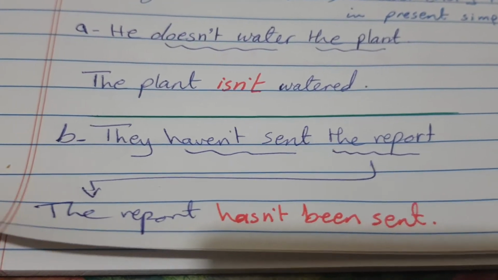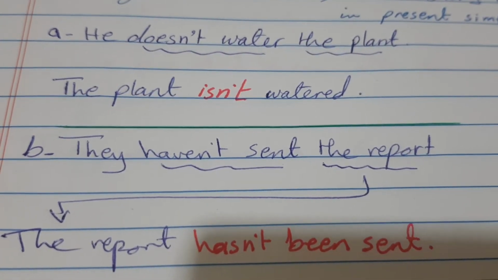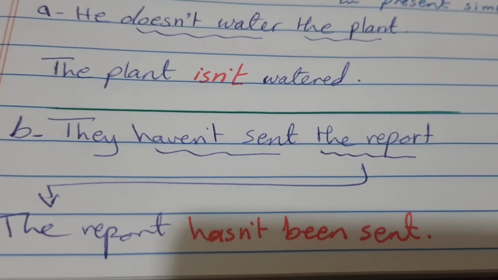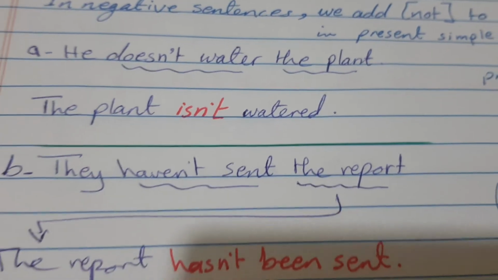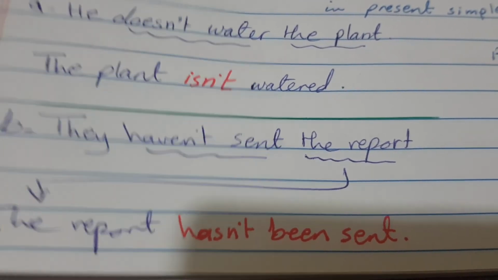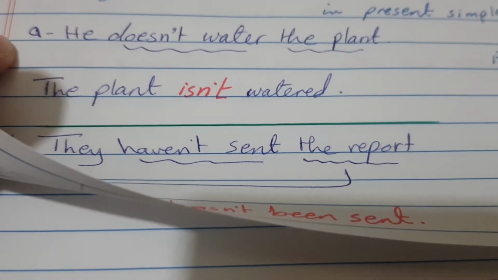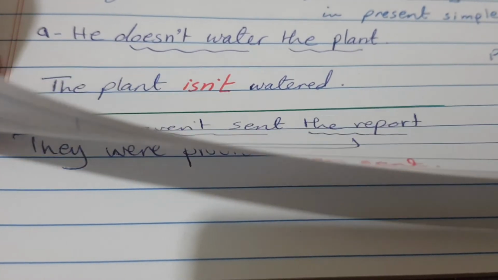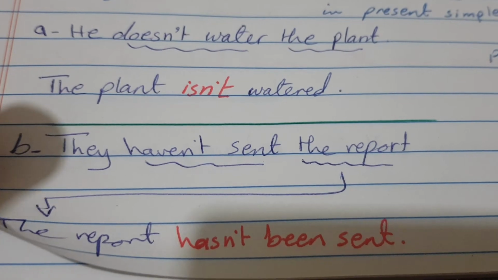We start the new sentence with the object, the report. We use the correct verb to have, hasn't, with the negative, of course. We keep been. We don't drop it, of course. We need to add been, if you remember, as we mentioned before, and then the verb that is in verb 3.